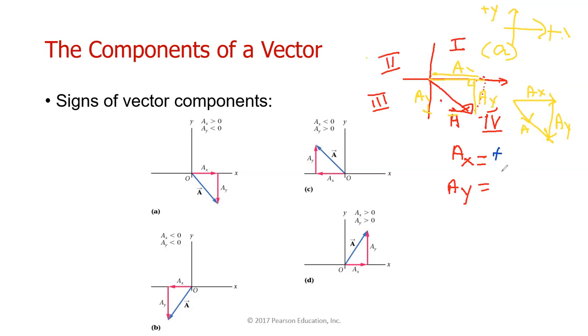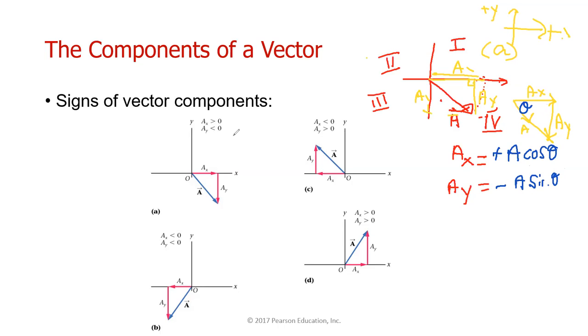Ay is going downward, therefore this is negative. Now if you know this angle theta, cosine theta would be Ax over A, so Ax is A cosine theta, and Ay would be A sine theta, because you do not look at the direction now. That's how you would look at the sign.